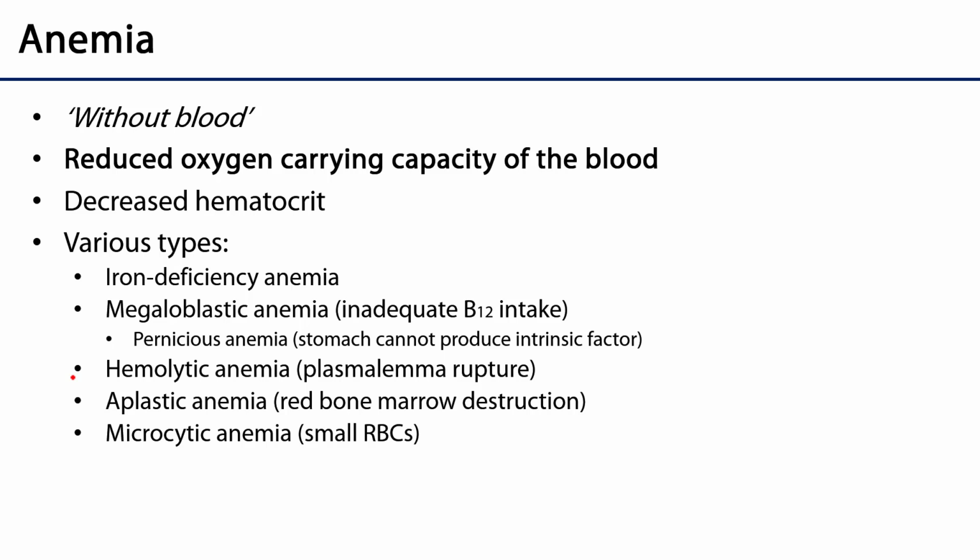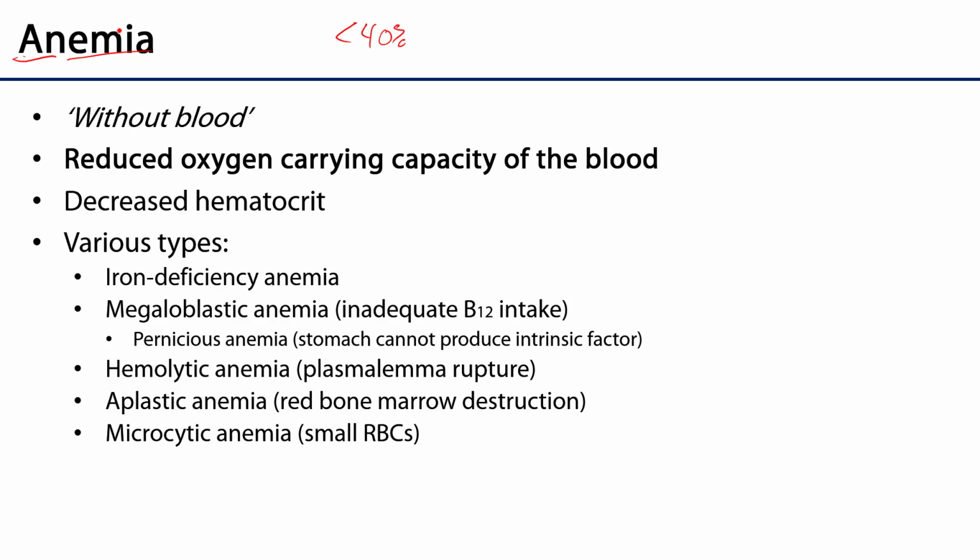So let's talk more about anemia. So this, clinically would be anything below 40% erythrocytes per total blood volume. When we look at this etymologically, a- and -emia, blood, anemia means without blood, and it's any reduced oxygen carrying capacity of the blood.